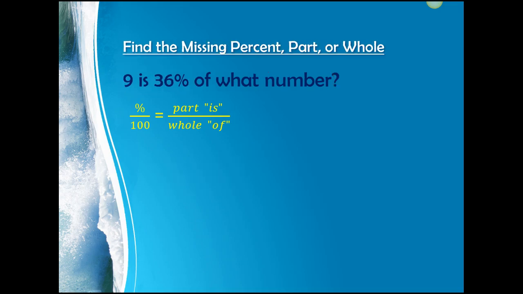Next, let's try 9 is 36% of what number? We'll start with the percent, and since we have 36%, we know we're going to have 36 over 100. We look at the problem and identify the key parts. 9 is, and of what number? 9 is indicates that will be the part, and of what number is the missing piece.